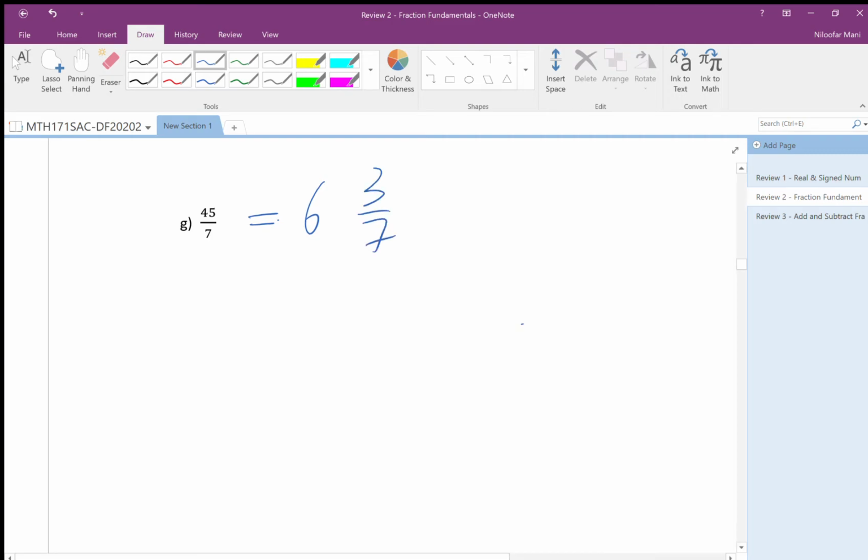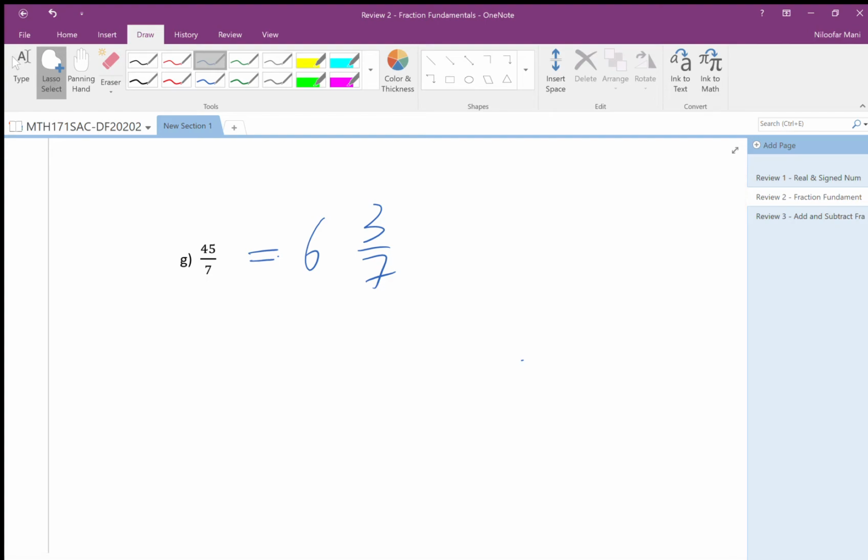Let's say I don't use my brain. I use my calculator. Doesn't matter. So it is 45 divided by 7, which is 6.42, blah, blah, blah.